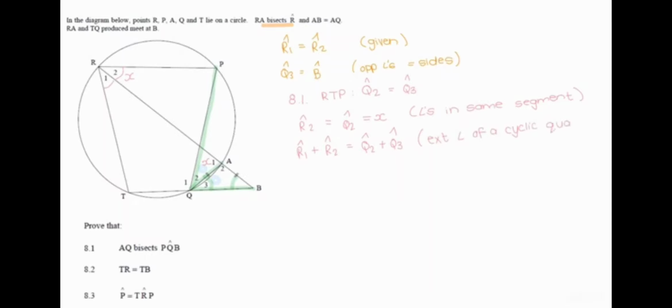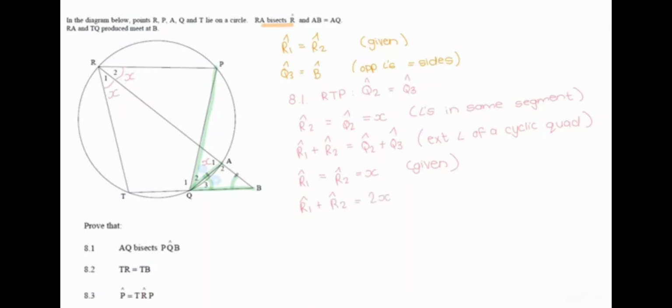Now, we have just proven previously that angle R1 is equal to angle R2, which means that they have to be x, and remember that was given because the line bisects. So the whole angle R1 plus angle R2 is equal to 2x.